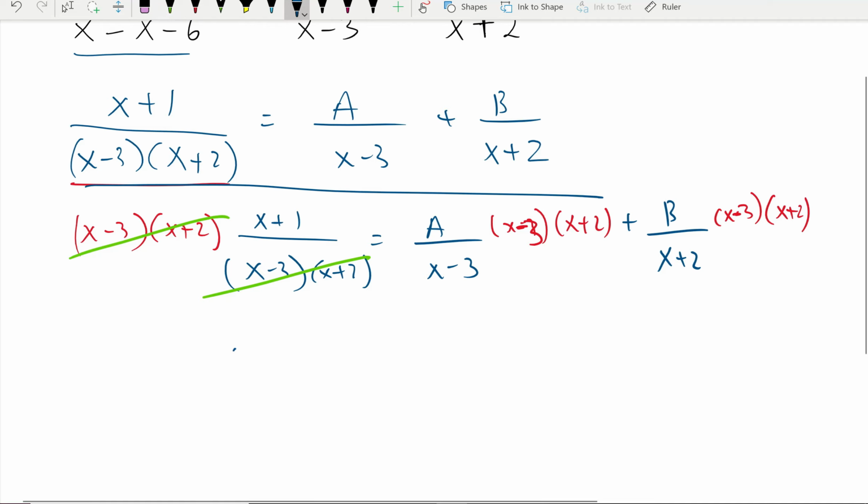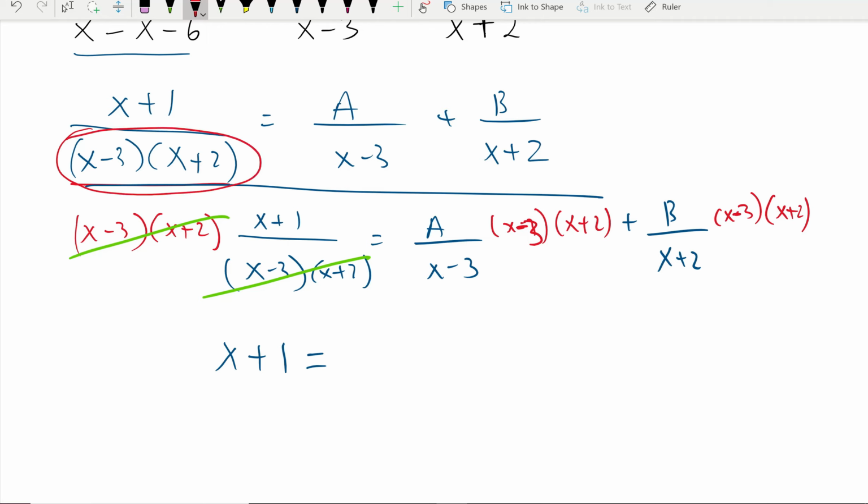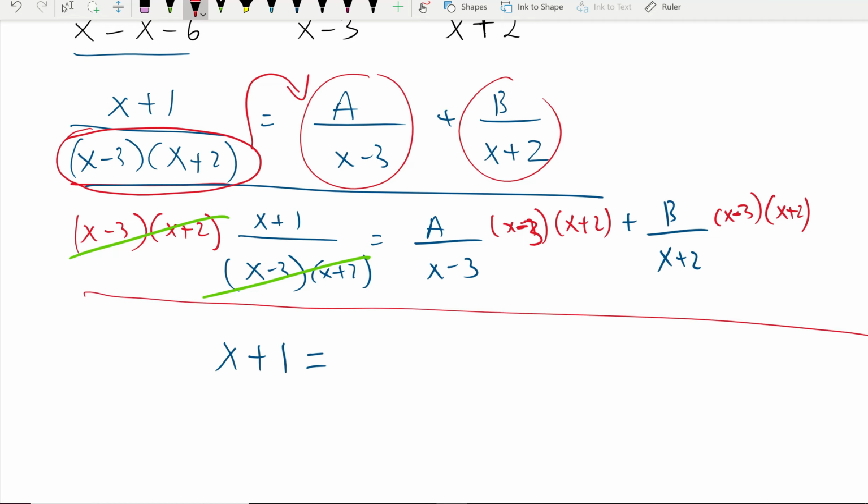So what we get is x plus 1 equal to... now you can think of this multiplication as taking this big denominator and switching it to the right hand side. When you switch a denominator from the left hand side to the right hand side, it goes to the numerator, right? You have to multiply each term here by that denominator. I like to think of it in this way so that hopefully it's clear for you guys. There are many ways you can think about it. Just pick the one that makes more sense for you.